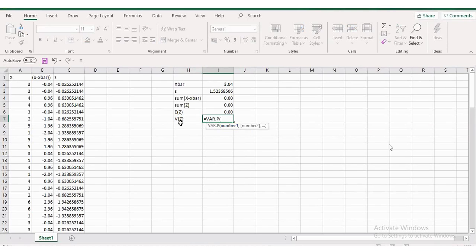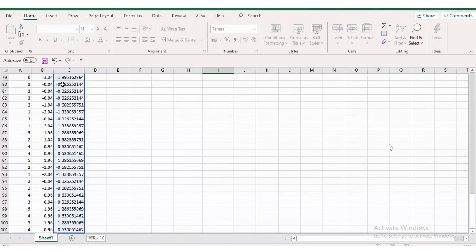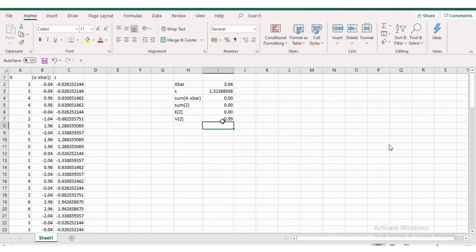Variance of, say, as I call this a variance, I'm calling this dot P. When you have too much data, it doesn't matter whether I take dot S or dot P. But here there are 100 observations. It is near 1. Why is it coming near 1? There's some kind of approximation, right?